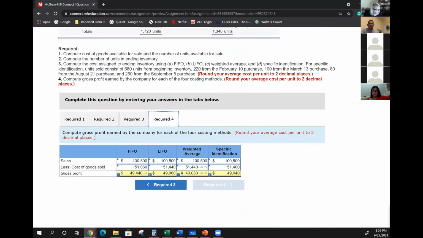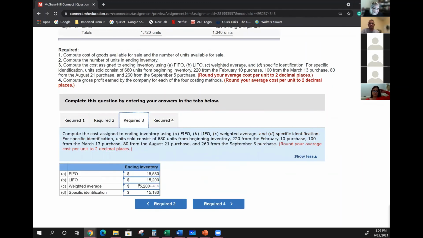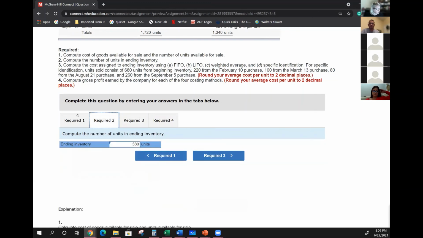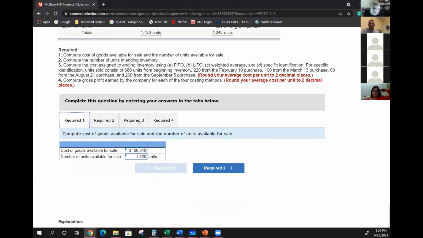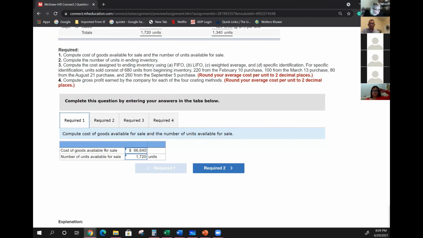So now you have 100,500 as your sales, and that's the same all the way across. And then for the cost of goods, you're just going to go back and look at what my ending inventory was, and you can calculate it back based on what was available. For each one of these, you just deduct it out. So your cost of goods available was 66,640.